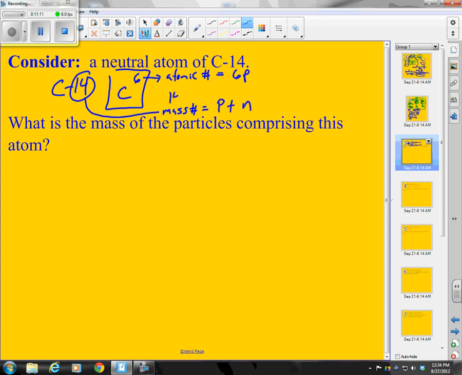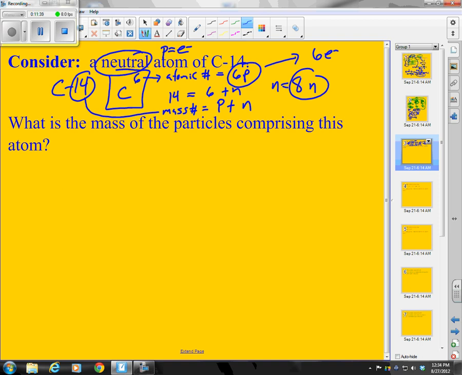My mass number is 14, the number of protons is 6, so I can figure out my neutrons. N is equal to 8. So I have 6 protons, 8 neutrons. We say it's neutral. What does neutral mean? Neutral means I have a neutral charge, which means the number of protons equals the number of electrons. If I have 6 protons here, that means I must have 6 electrons.